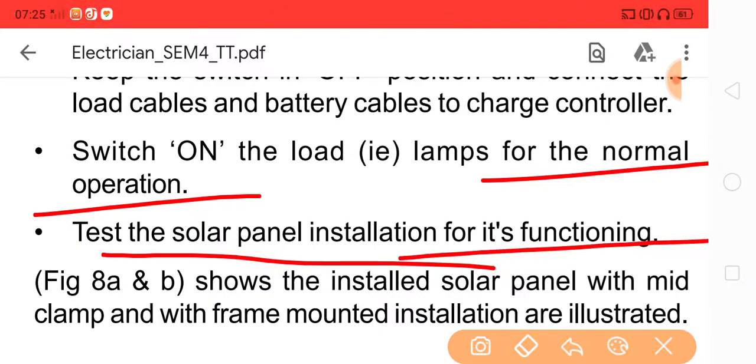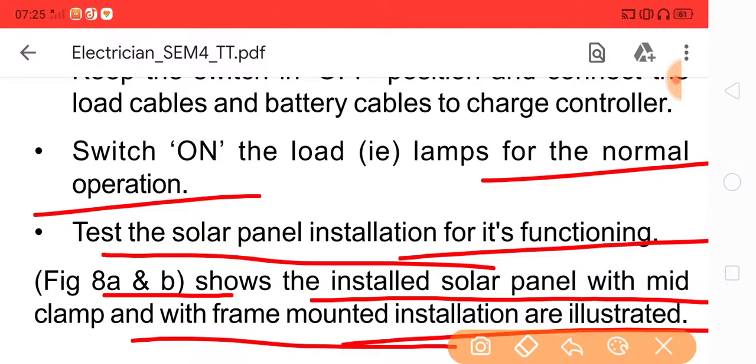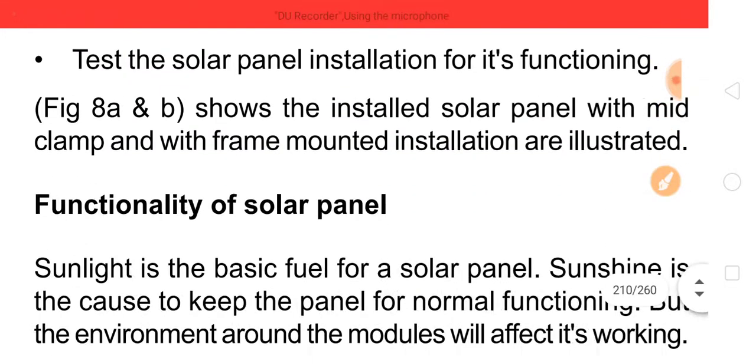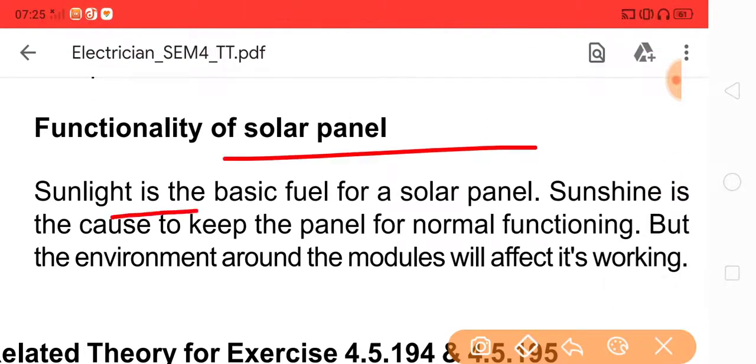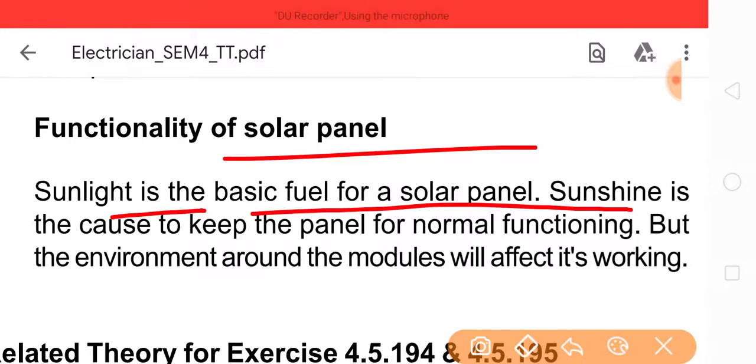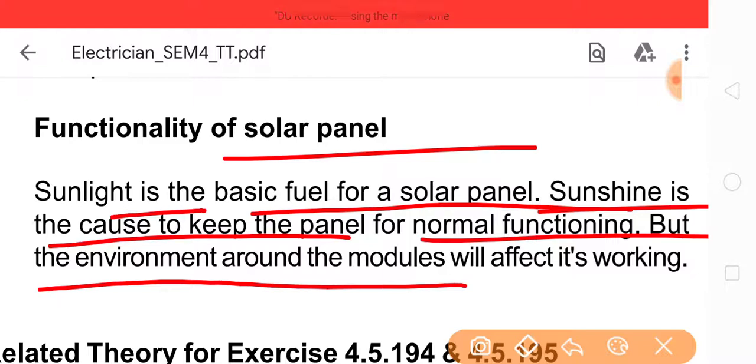Pictures 8a and 8b show the installed solar panel with mid clamp and with frame mounted installation. Functionality of solar panel: sunlight is the basic fuel of a solar panel. Sunshine is the key to keep the panel functioning normally, but the environment around the modules will affect its working.